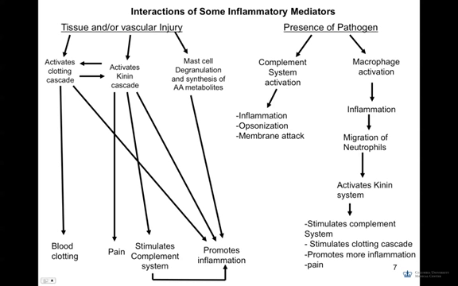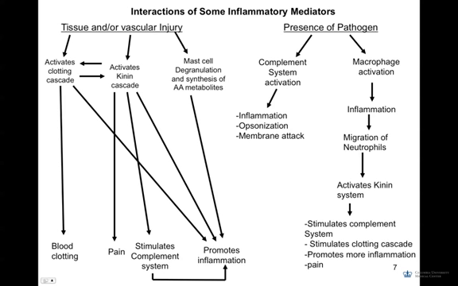And as the Kynan system stimulates complement, the complement system is going to potentiate this inflammatory response. Okay? So you notice that many of these arrows are converging on promoting inflammation. This is one of the many ways that acute inflammatory responses really flare up very quickly. They amplify very, very quickly.